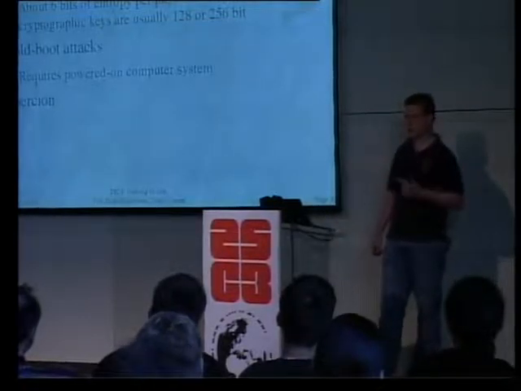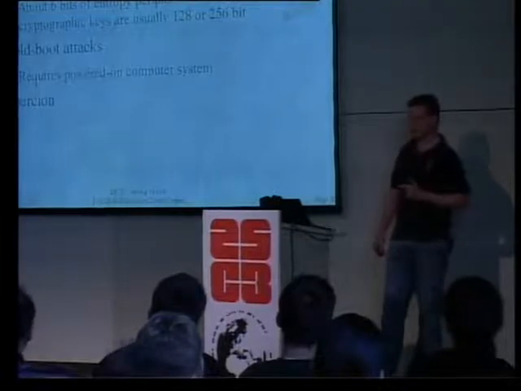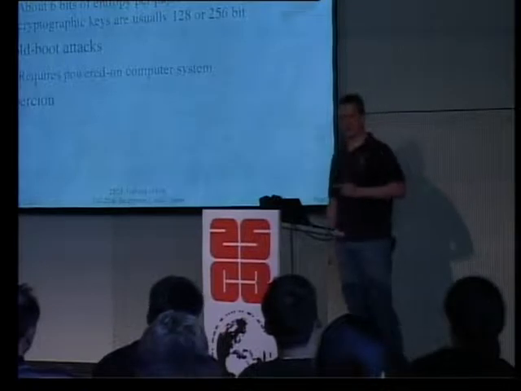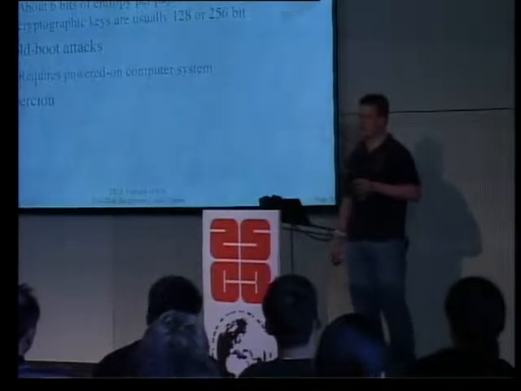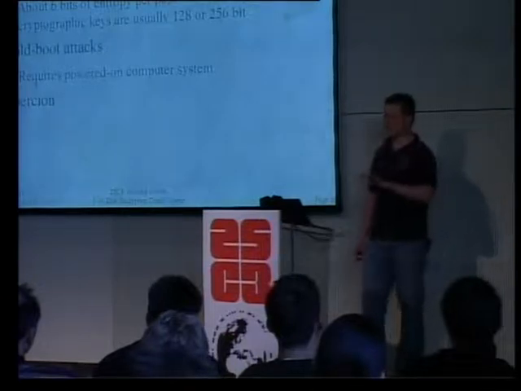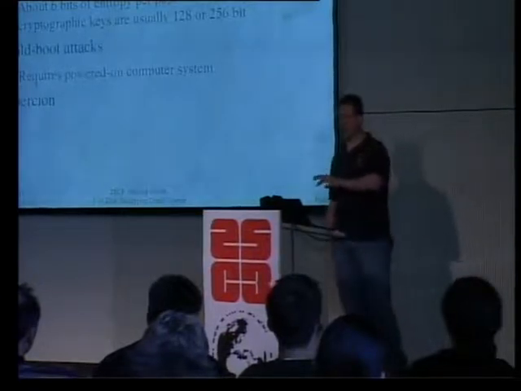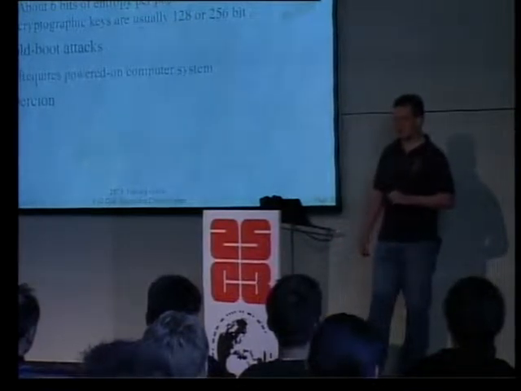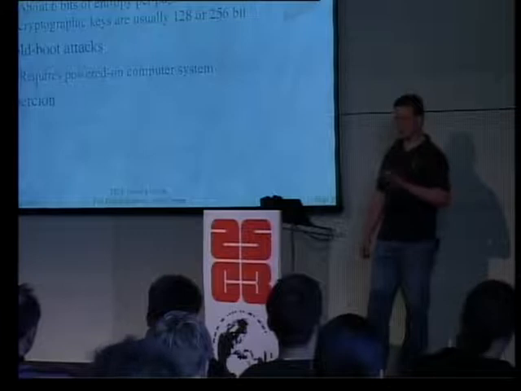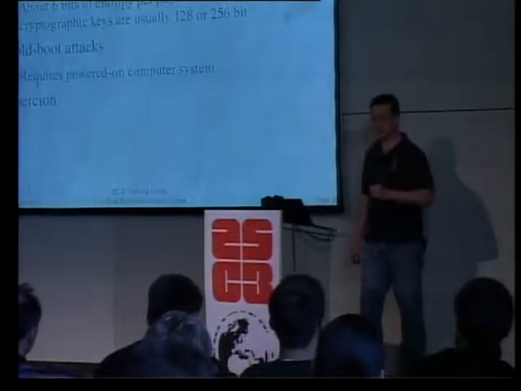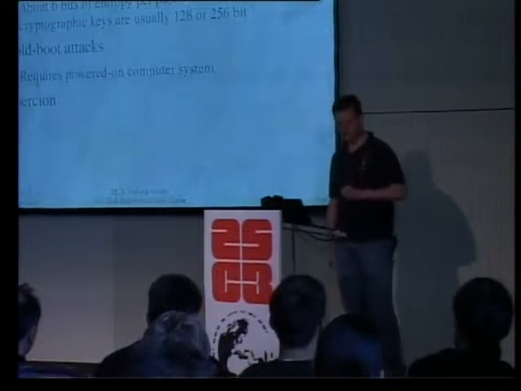So coercion is a risk, and the only way that you can guard yourself against that is by obscurity. If your opponent doesn't even know that you have something to hide, then they won't know what they need to look for. So there's a feature that TrueCrypt implements, which is called hidden operating system, that we'll get to in a minute.